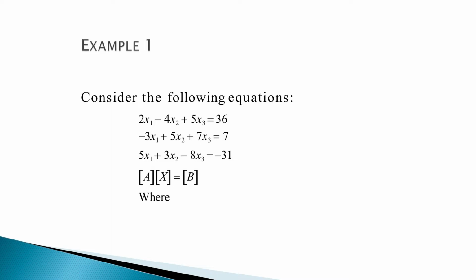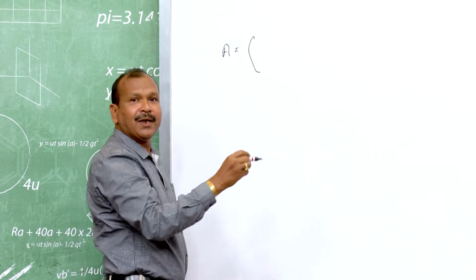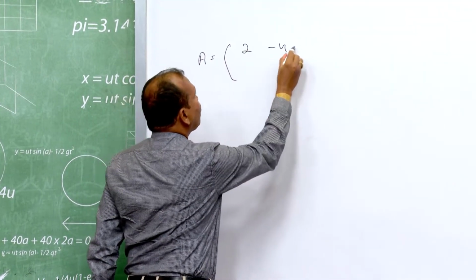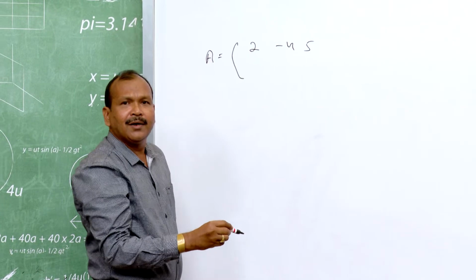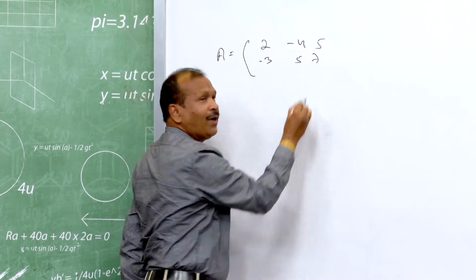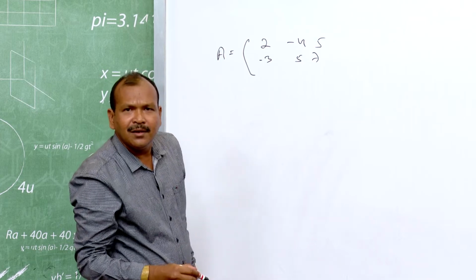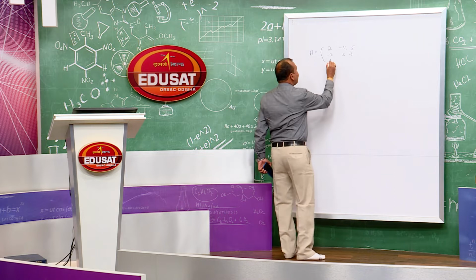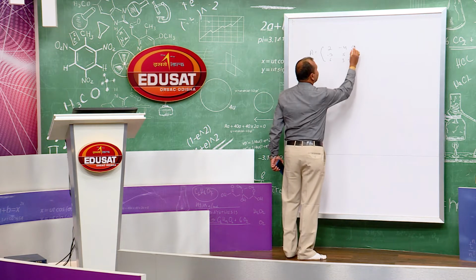That can be written as Ax is equal to B, where A is the matrix 2, minus 4, 5; minus 3, 5, 7; 5, 3, minus 8.